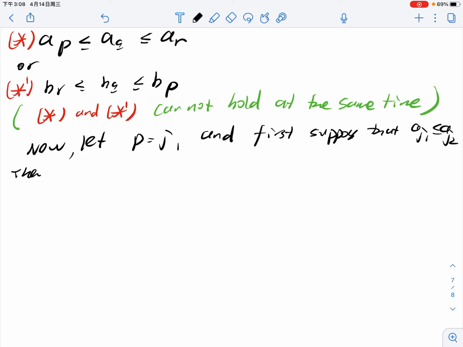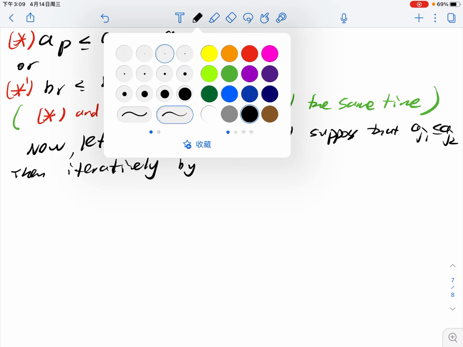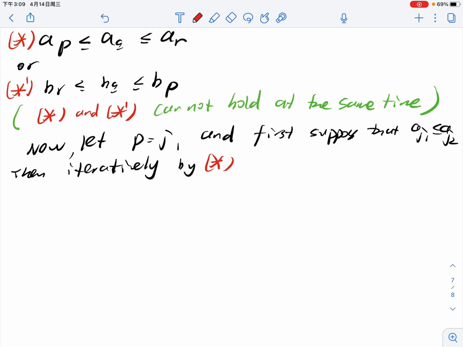Then iteratively by arithmetic we obtain AJ1 less than or equal to AJ2 less than or equal to all the way to AJK less than or equal to AJ1.